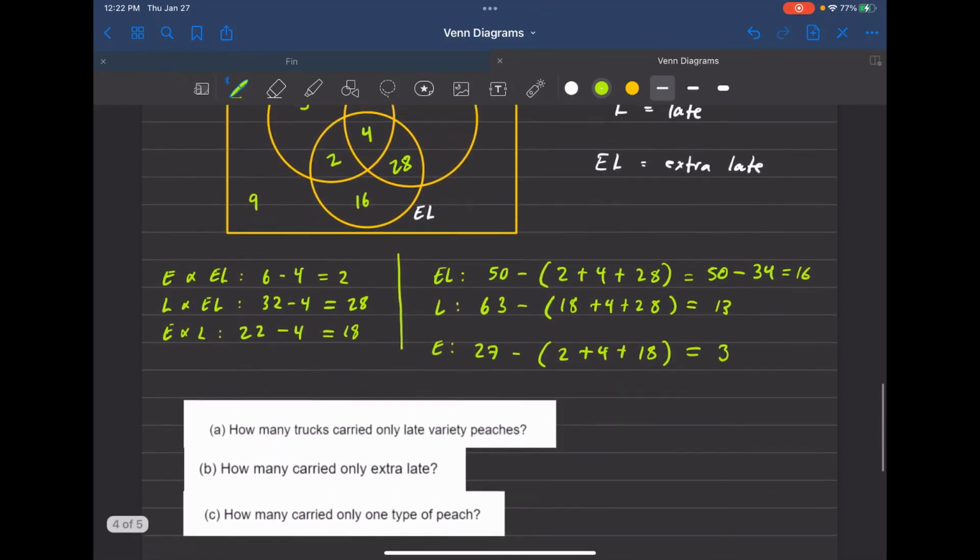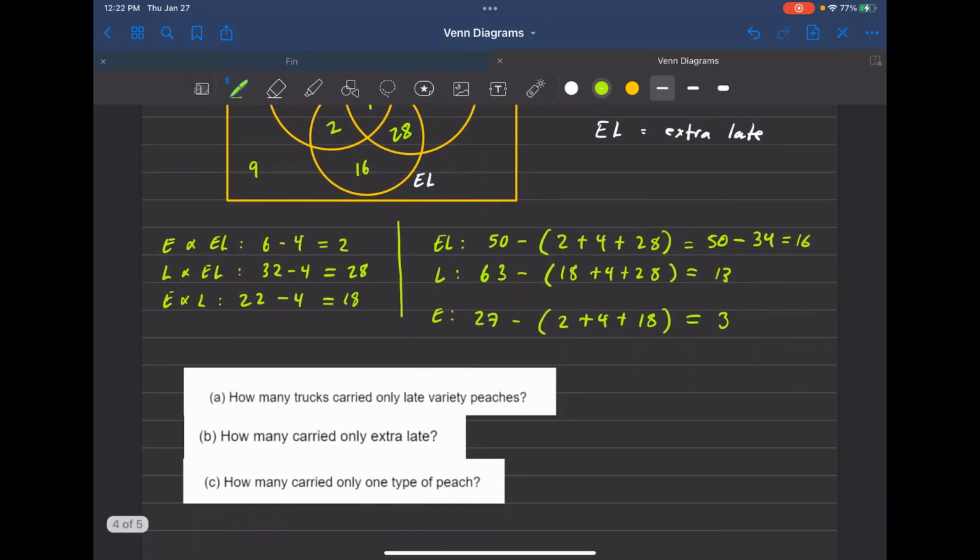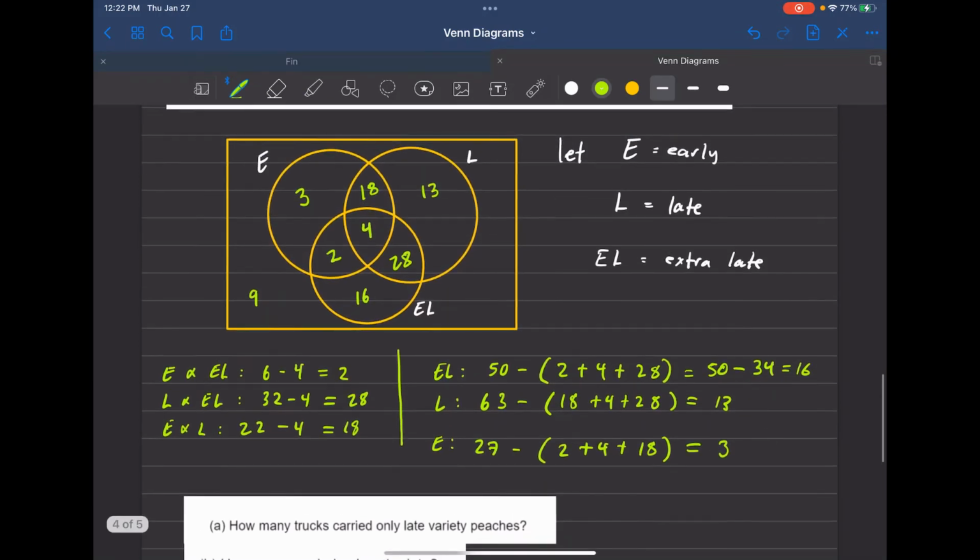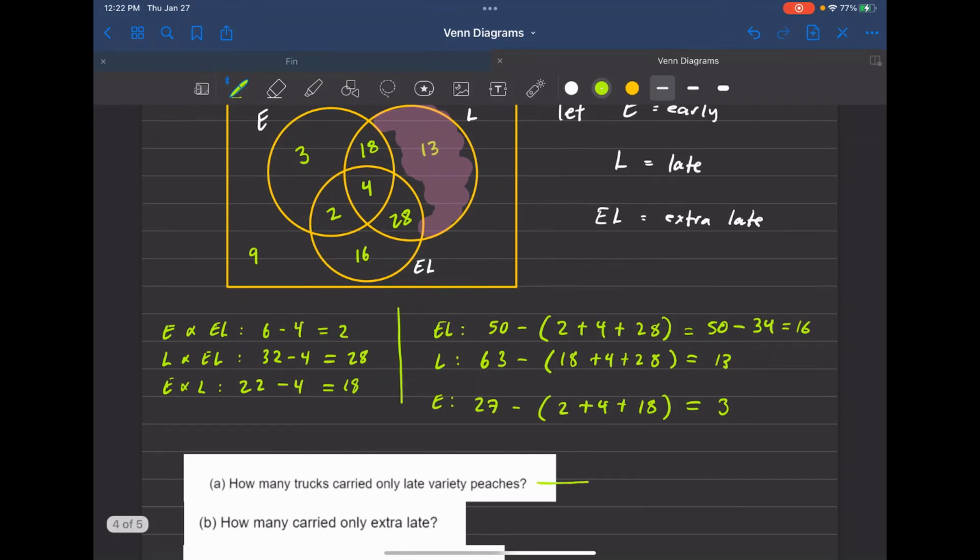So here we want to know how many trucks carried only late variety peaches. So late variety peaches will fall into this category. So these are the only late trucks carrying late peaches. So that will be 13 of them.